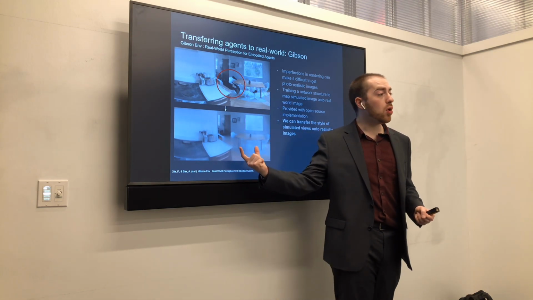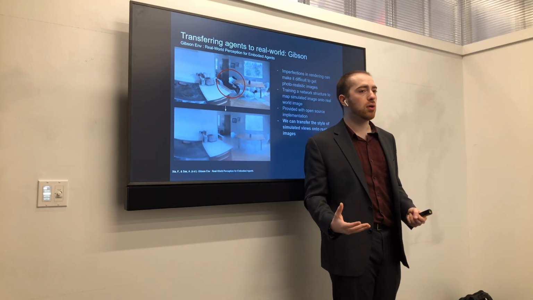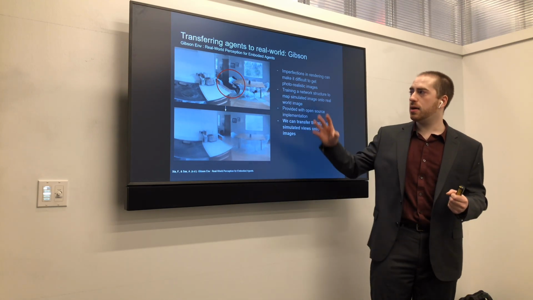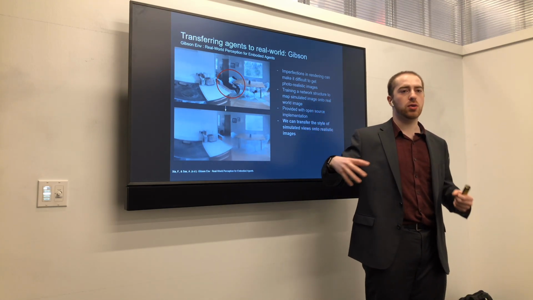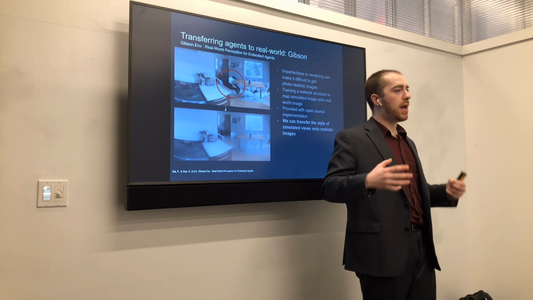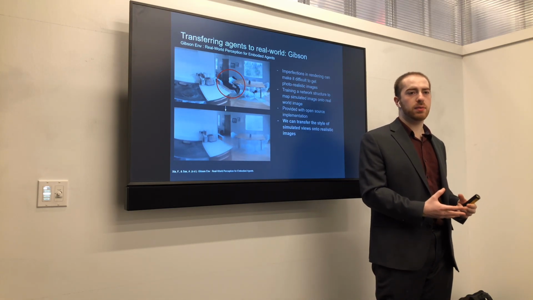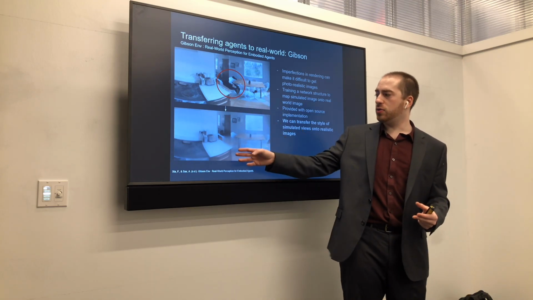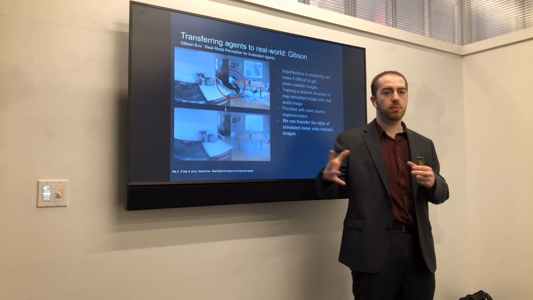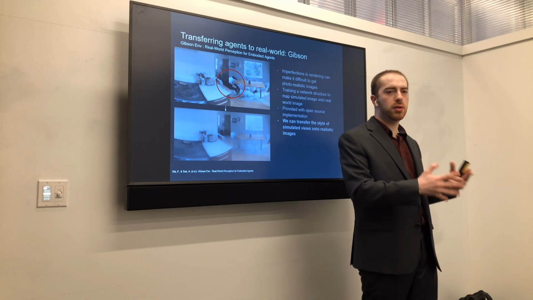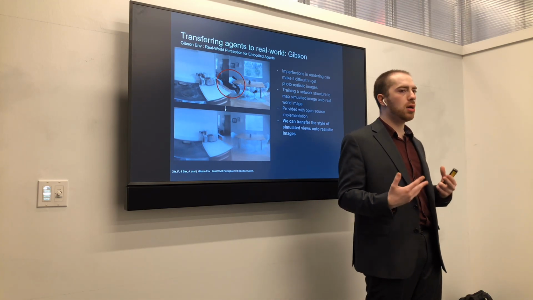So what Gibson wrote is a style transfer algorithm that takes the photorealistic image that you would expect from the environment and maps that onto the RGBD image that's rendered by the simulator environment, and was able to fix most of these holes both in the RGB and the depth image.